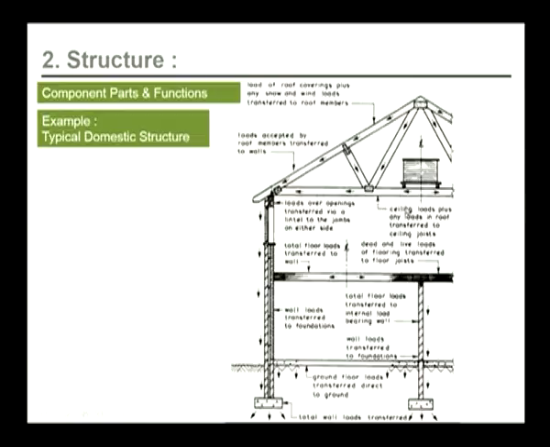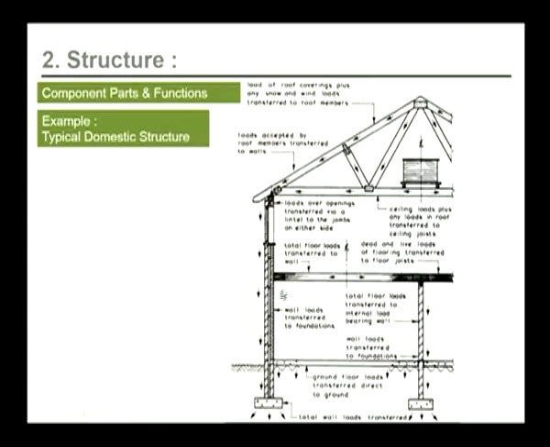Here, the ceiling loads plus any loads in the roof are transferred to the joists. We can see a dead load kept here. There can be dead loads, and then there can be live loads also. All these loads are transferred into the walls. The loads over openings are transferred via a lintel to the jambs on either side.